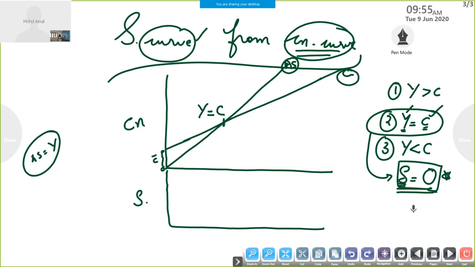Okay, from here we can derive saving curve. Here it should be S is equal to 0. So we are deriving saving curve from this break even point.